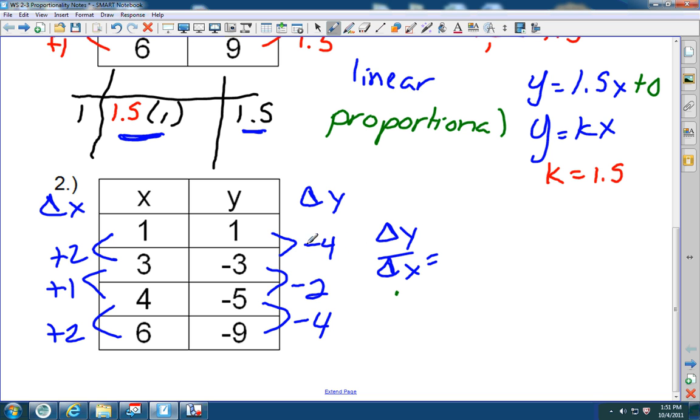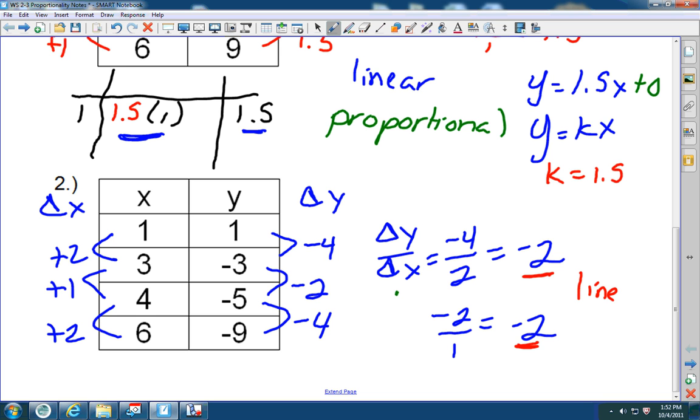I get negative 4 divided by this number over here, which is 2. Negative 4 divided by 2 is negative 2. The next one, negative 2 over 1 is negative 2. Since these are the same, it is linear.